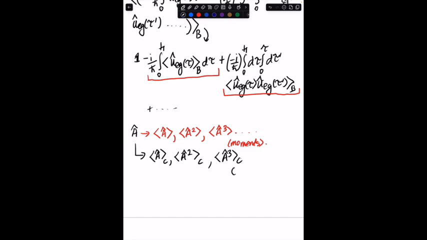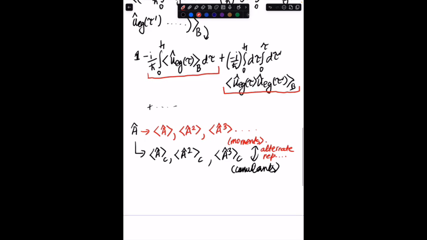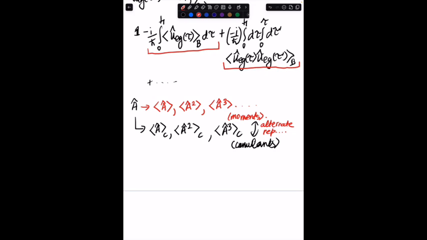So these are known as your cumulants, and the cumulants are just an alternative representation to moments. This is just a short digression into statistics so that it helps with the understanding. So it's an alternate representation to your moments, and any cumulant can be written as a linear combination of moments.